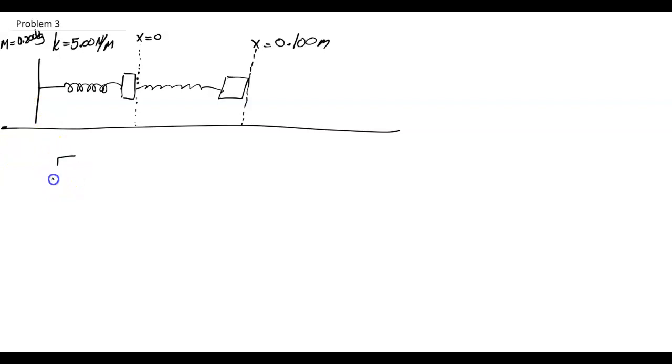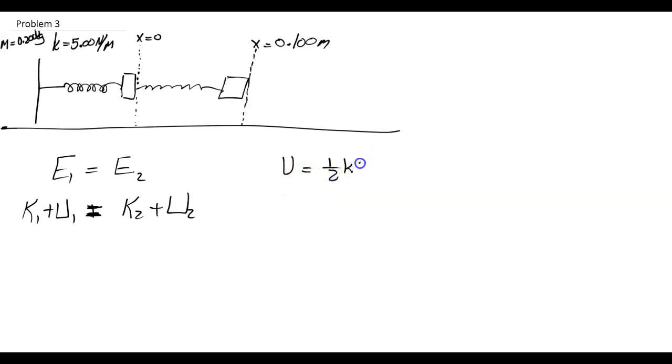It still says that mechanical energy at one point is the mechanical energy at the second point, so this is still what we know as K1 plus U1 has to equal K2 plus U2, but now U is the elastic potential energy, which is given by 1/2 the spring constant k times the amount of stretch x squared.